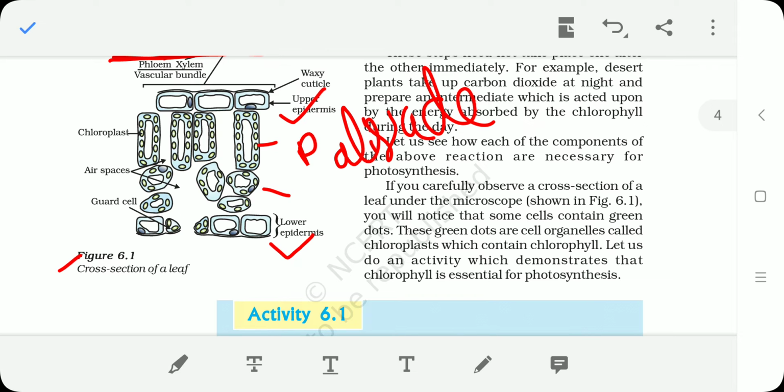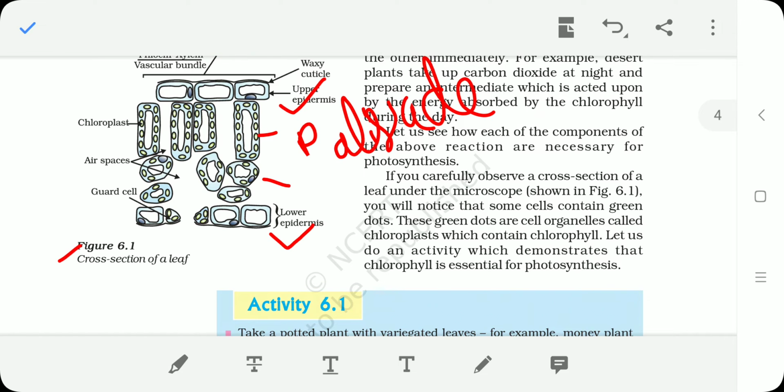The reason is that the upper surface of the leaf has more chloroplasts because light is trapped by this surface of the leaf.